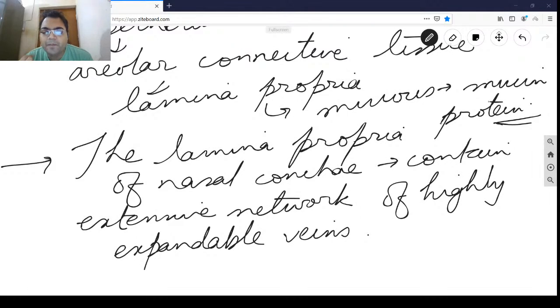Now, I'll just show you the image of the nasal conchae. Let me find it and share the screen.